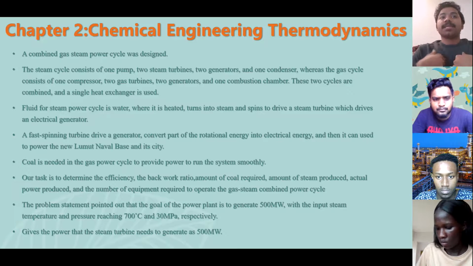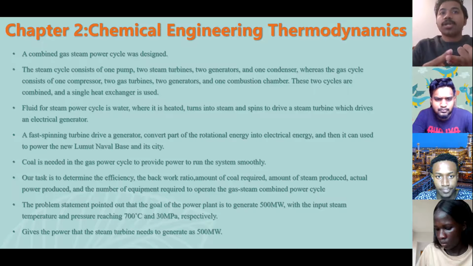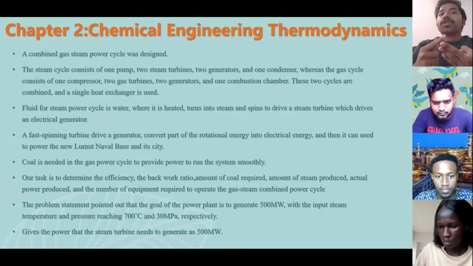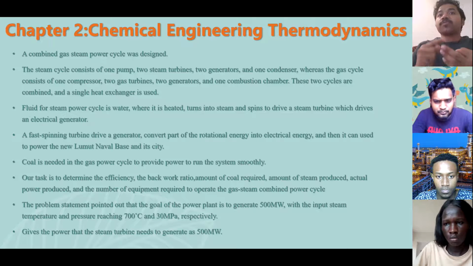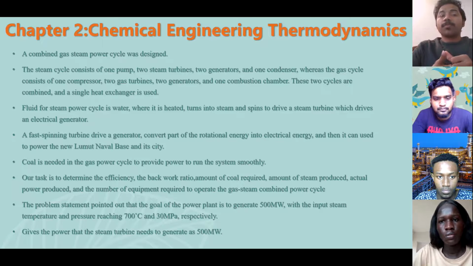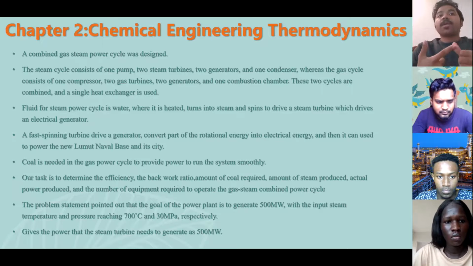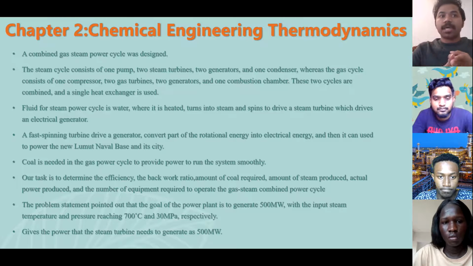Our task is to determine the efficiency, the backwork ratio, the amount of coal required and amount of steam produced, the actual power produced, and the number of equipment required to operate the gas steam combined power cycle.